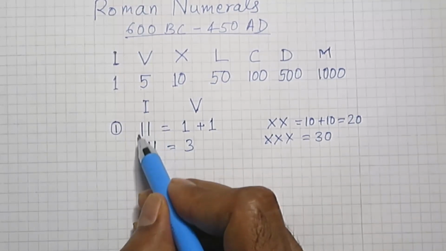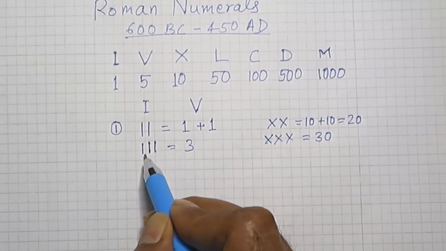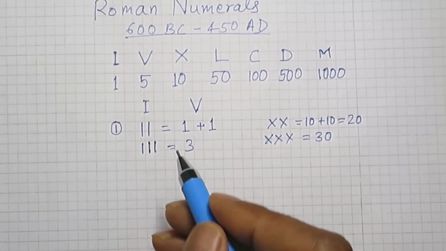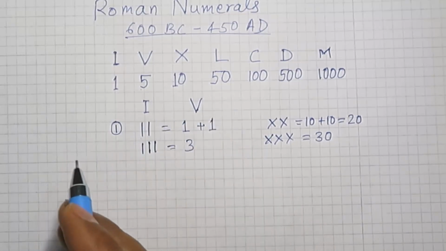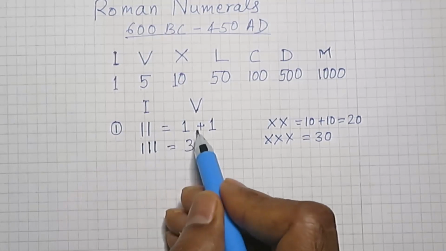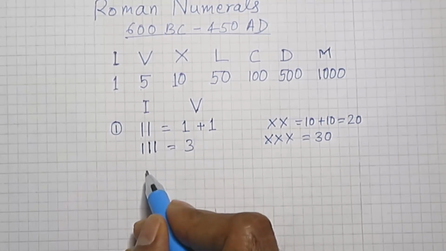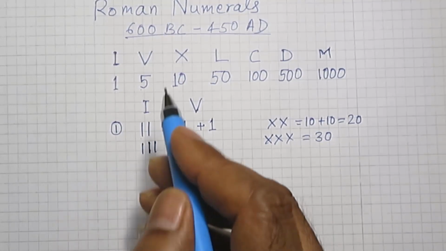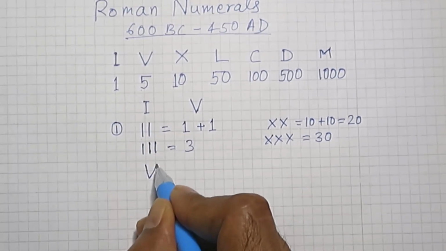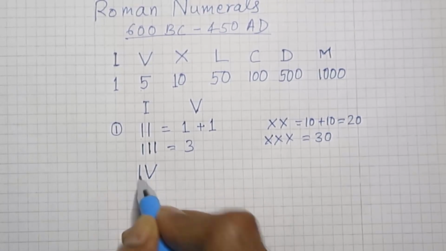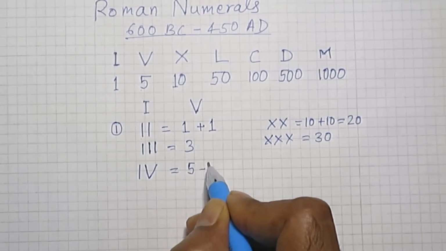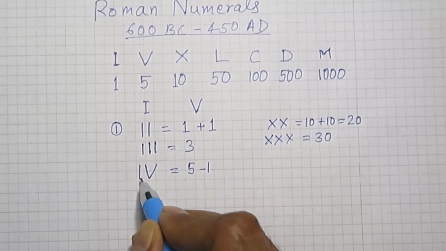Now here up to 3 we can write, but what about 4? To write 4, if we write something on the left side, then it means subtraction. So this is addition. If I have to write 4, then I should subtract 1 from 5. So first this is 5, but if I write I before V this way, then this is 5 minus 1, because it is on the left side.